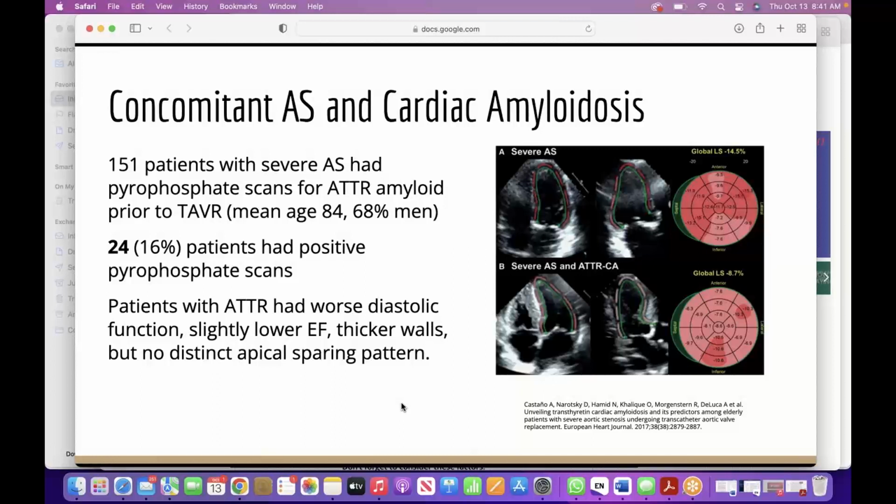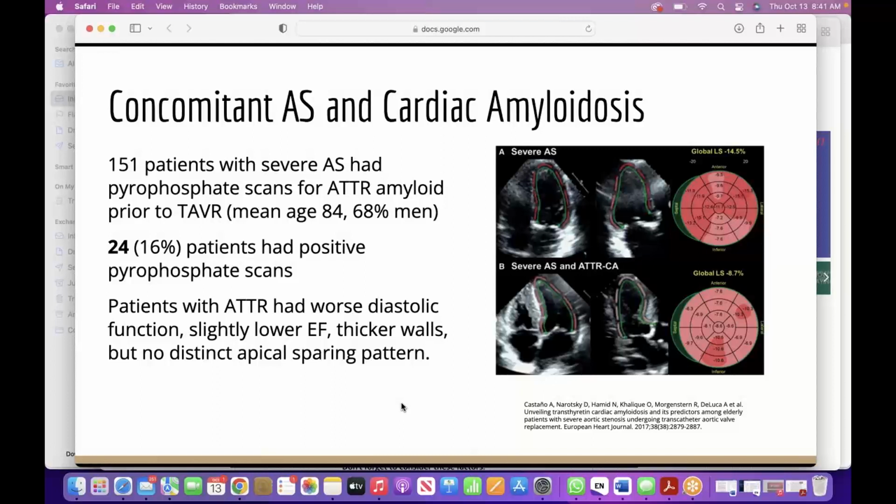So 16% of them had cardiac amyloidosis in the senile TAVR population. The mean age was 84 here, and 68% of these people were men. But clearly, that's a very large, almost 1 in 8 patients who have another disease.